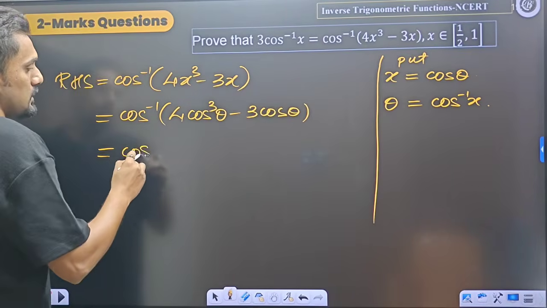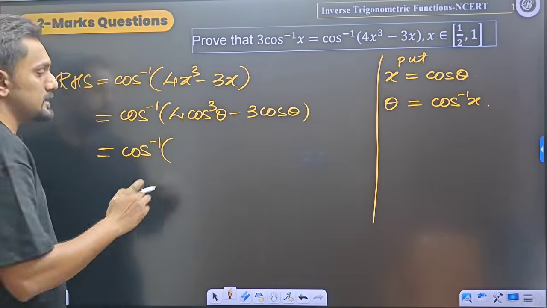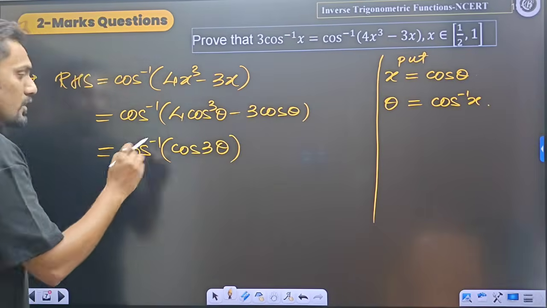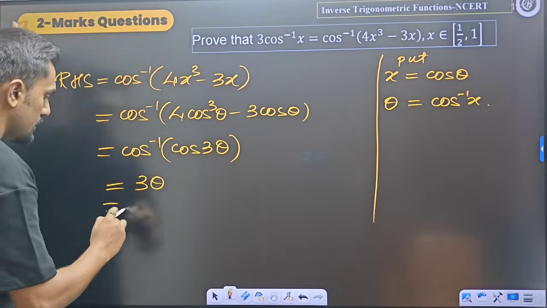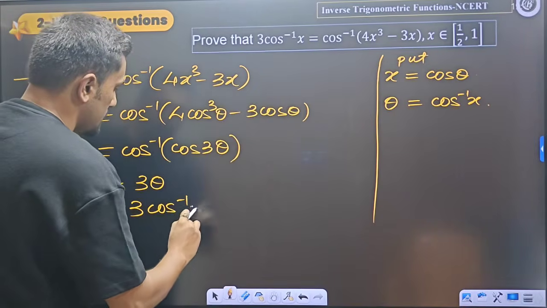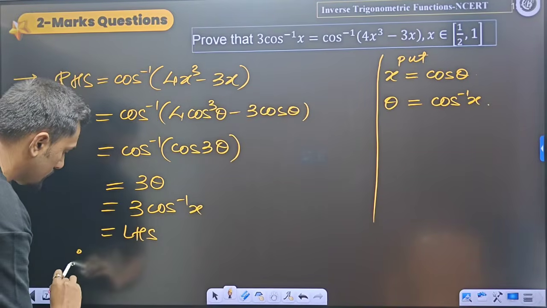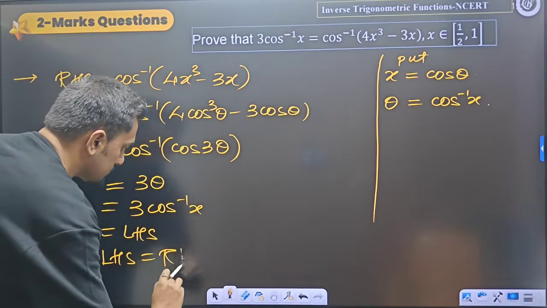Then cos inverse of 4 cos cube theta minus 3 cos theta is nothing but cos 3 theta. Right? Then cos inverse of cos 3 theta is nothing but 3 theta, where theta is cos inverse of x, which is nothing but LHS. Thus, we have proved the result as LHS equals to RHS.